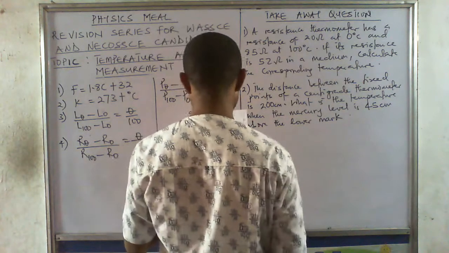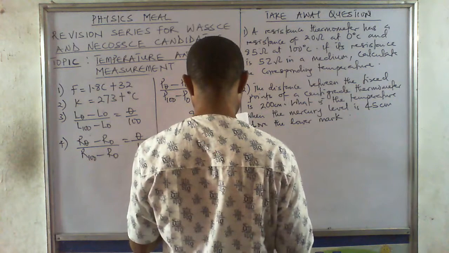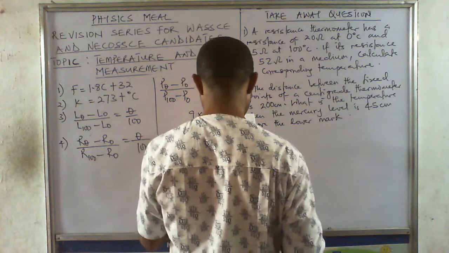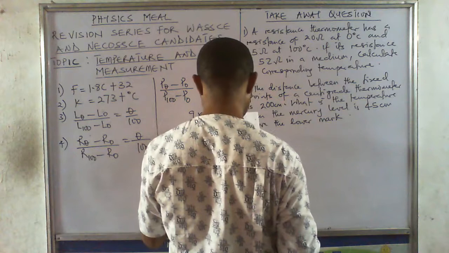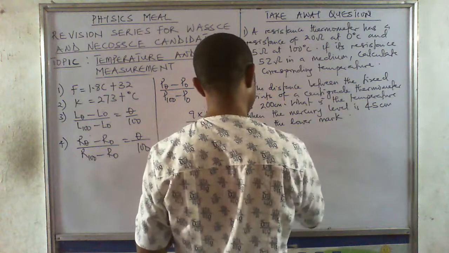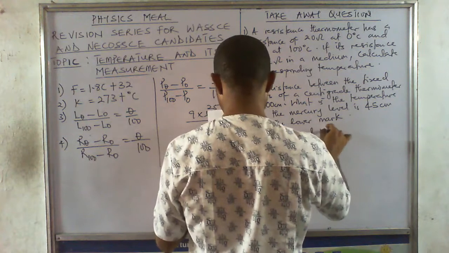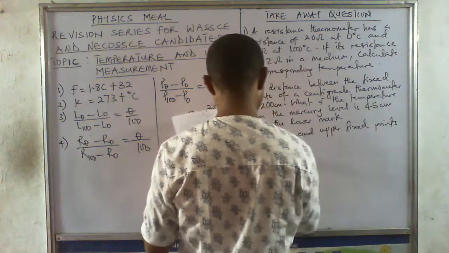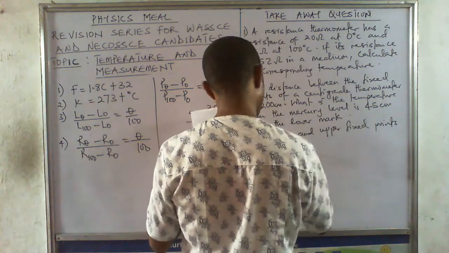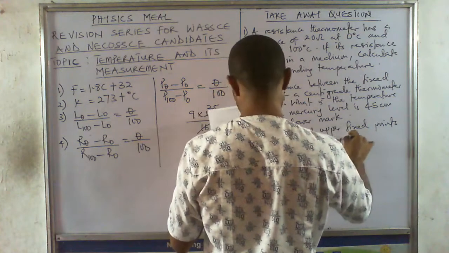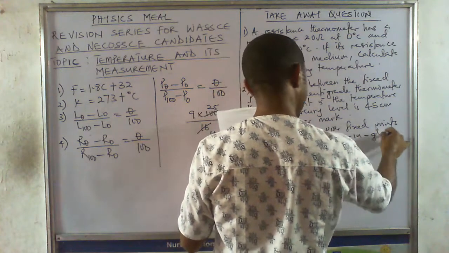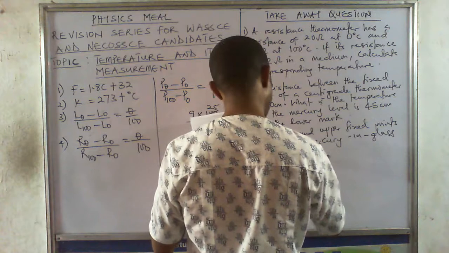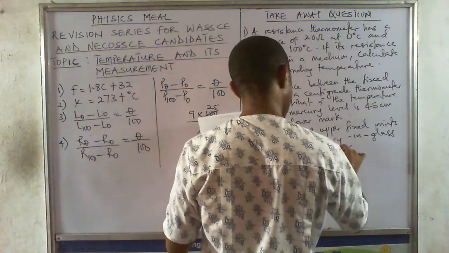And the third one: the lower and upper fixed points marked on a mercury in glass thermometer are 210 millimeters apart.